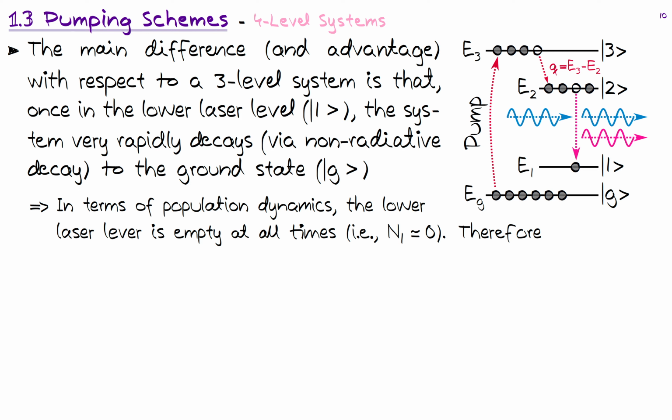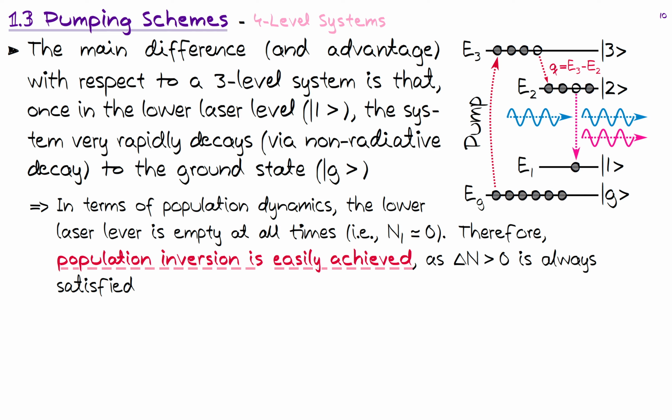And looking at the condition for lasing, we really need population inversion between the lasing level and the level underneath it. So basically this means that the population inversion can be a lot more easily achieved. So this condition, delta n greater than 0, is almost always satisfied.